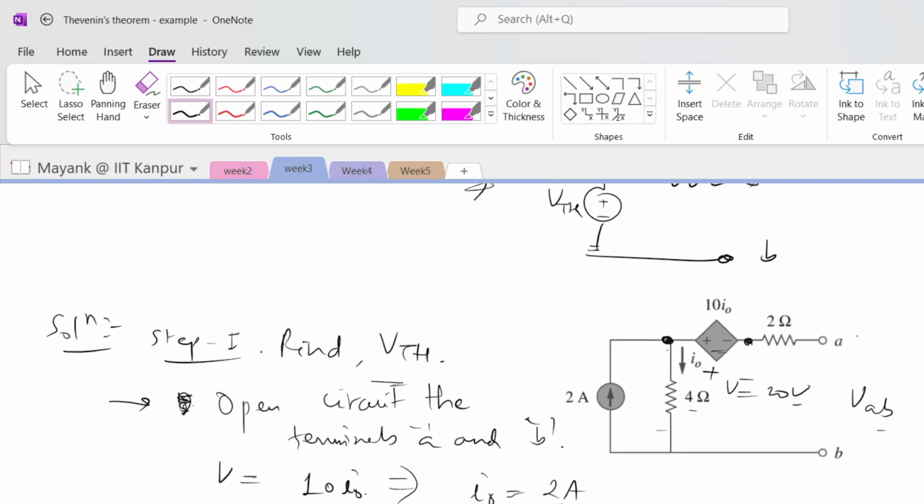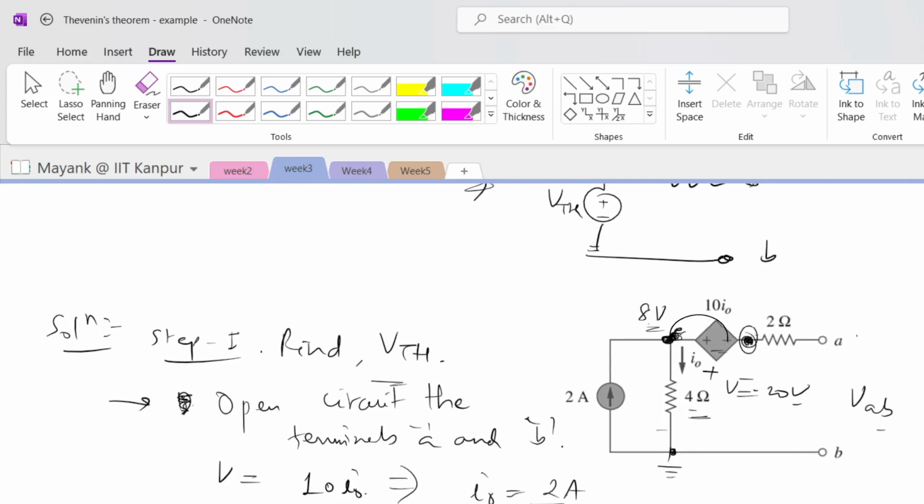Fine. So what is the voltage at this terminal? The absolute voltage with respect to the reference here. So this 2 ampere current is going to flow through this 4 ohms, right? So the voltage here is equal to 8 volts, and the voltage across these two terminals is equal to minus 20 volts. Fine. So this node is at a higher potential compared to this node.